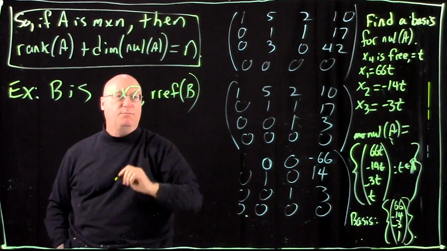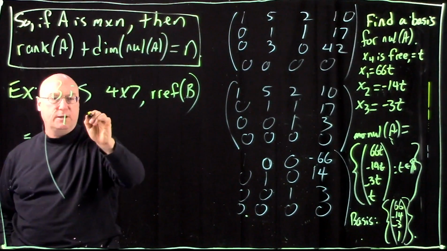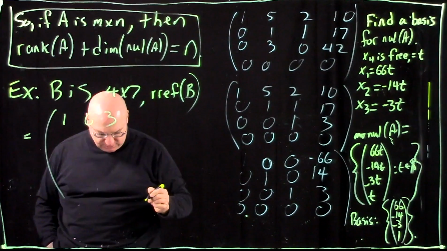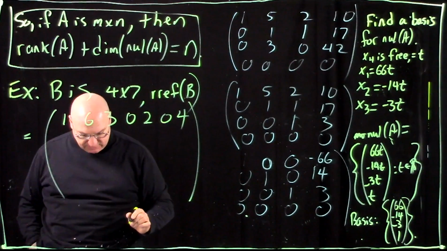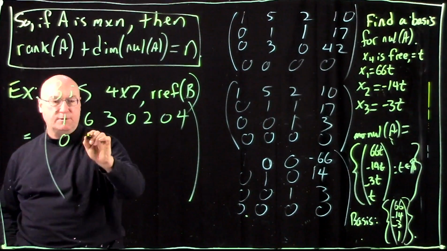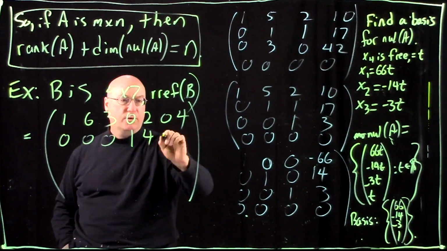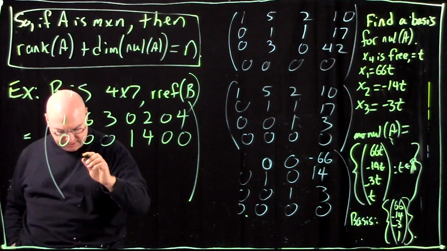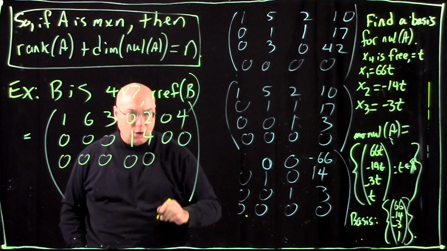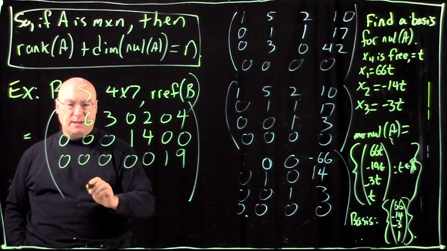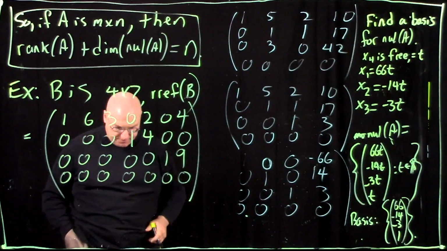If you put B in Octave, the reduced row echelon form of B is 1 6 3 0 2 0 4, 0 0 0 1 4 0 0, 0 0 0 0 0 1 9, and then all zeros. Okay.